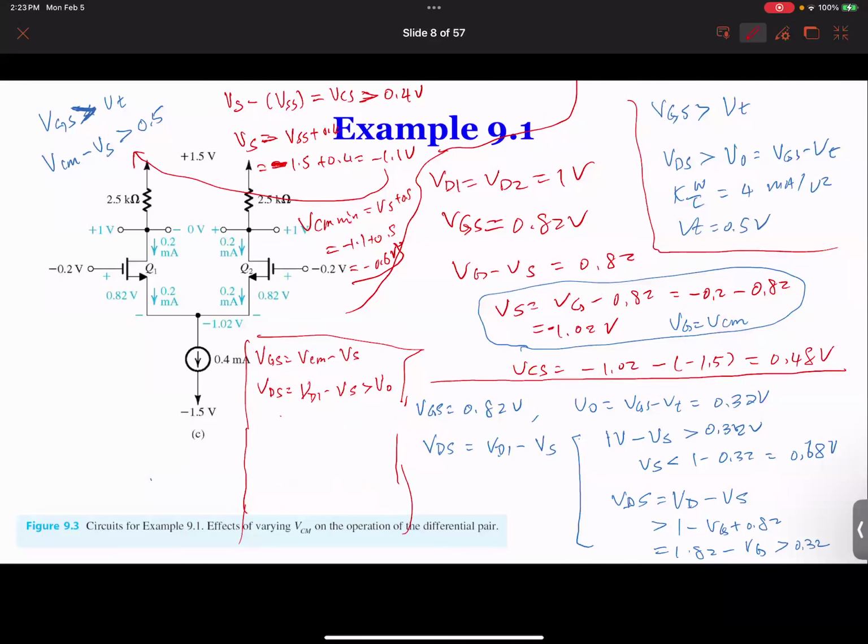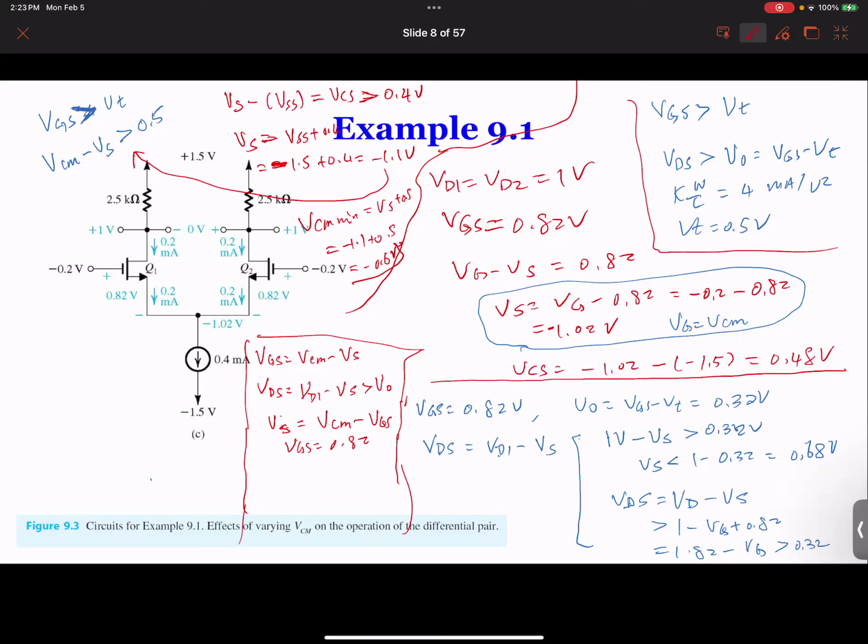So Vs is equal to VCM minus VGS, and VGS we calculated to be 0.82, and VO is 0.32.